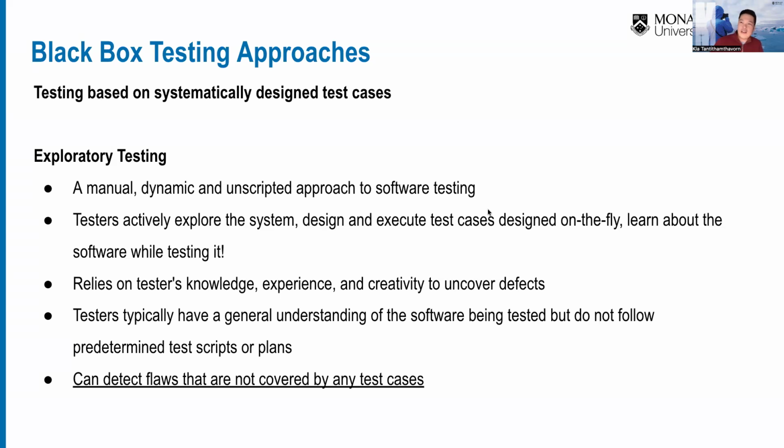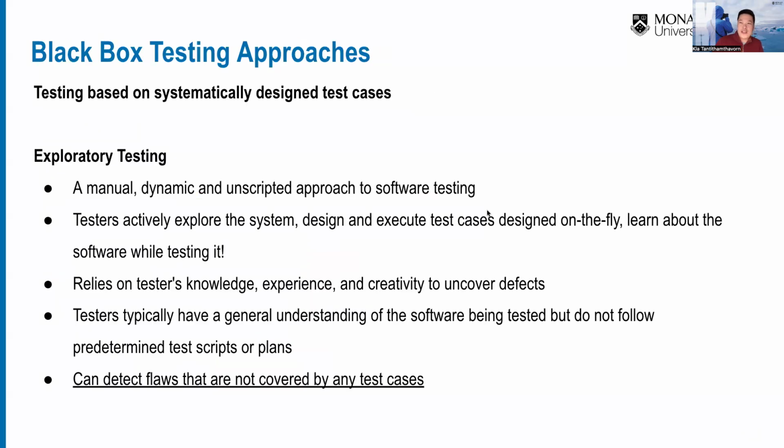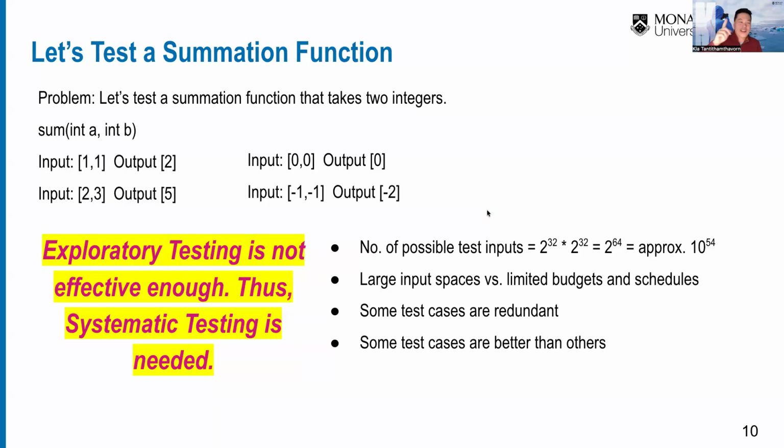The next question: how can we make it more systematic? Not yet, that's the slide after this one. So let's do some activity together. Let's say we want to test a summation function that takes two integers.